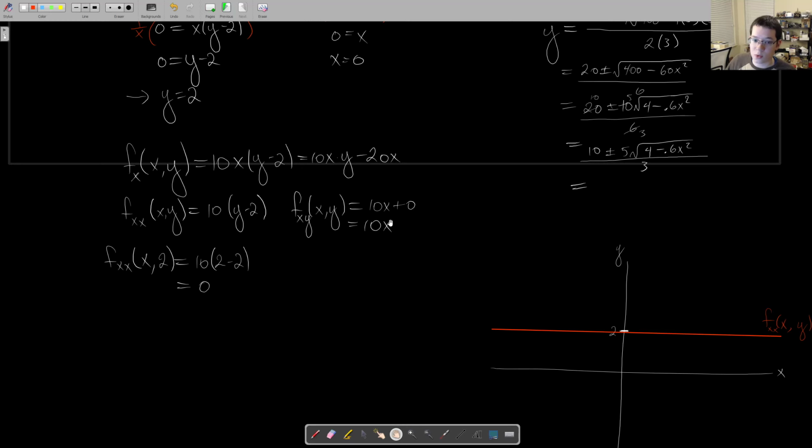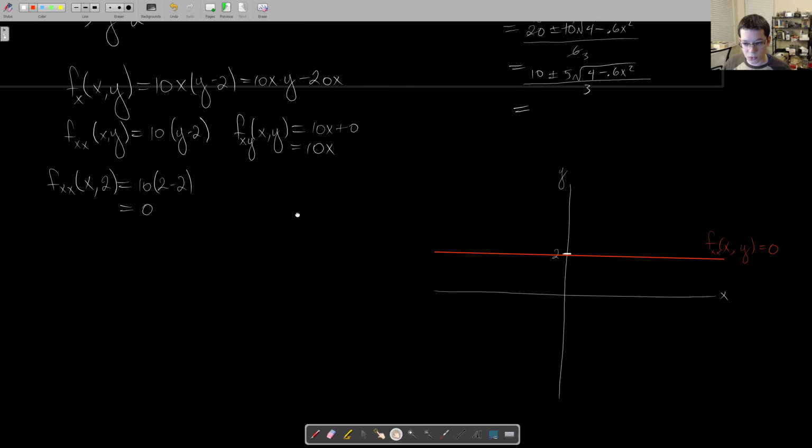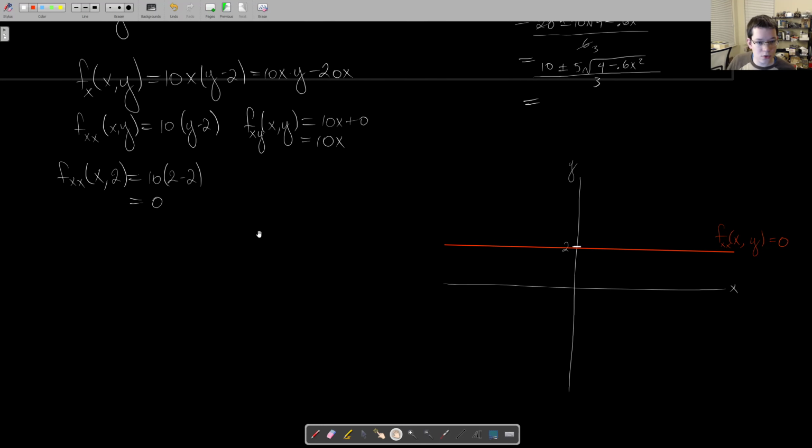If x is equal to 0, then the derivative of the function with respect to x and then with respect to y will be 0. So let's do that part. Let's switch back to white.